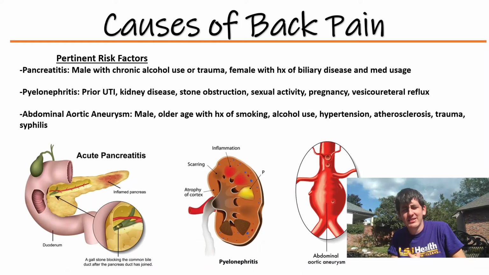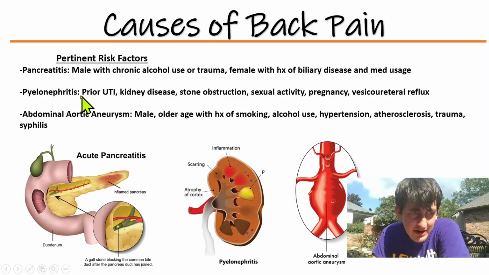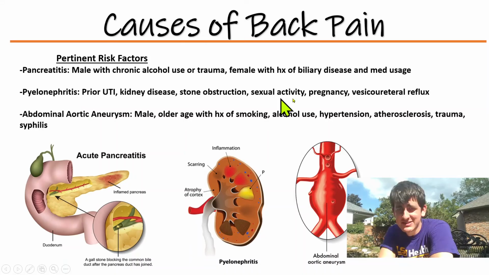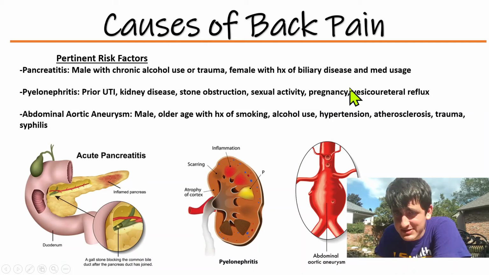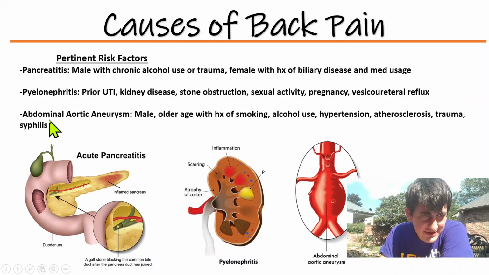I don't know which medicines, but when we get to that section we'll go into that. Some medications are a risk for pancreatitis. Pyelonephritis: prior urinary tract infection, kidney disease, stone obstruction, sexual activity, pregnancy, or some anatomical variants, different congenital anatomy that's off, can put you at risk.